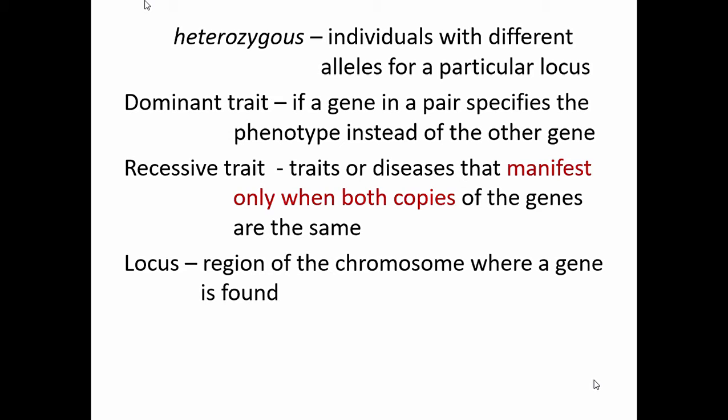The dominant trait, if a gene in a pair specifies the phenotype instead of the other genes. The recessive traits are traits or diseases that manifest only when both copies of the genes are the same. And then, the locus is the region of the chromosome where a gene is found. Okay, the definitions are clear?